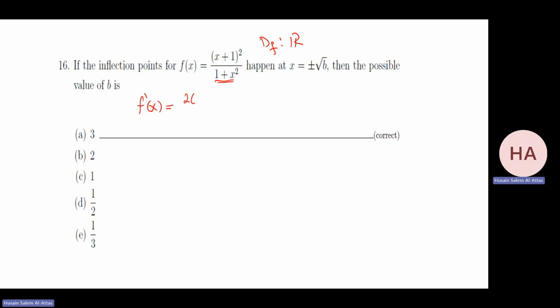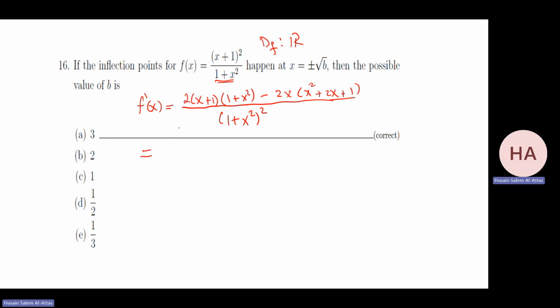It's 2x plus 1 times the denominator, minus 2x times x plus 1 squared, over 1 plus x squared. Is it x plus 1 squared? I can rewrite it as x squared plus 2x plus 1 to save time.